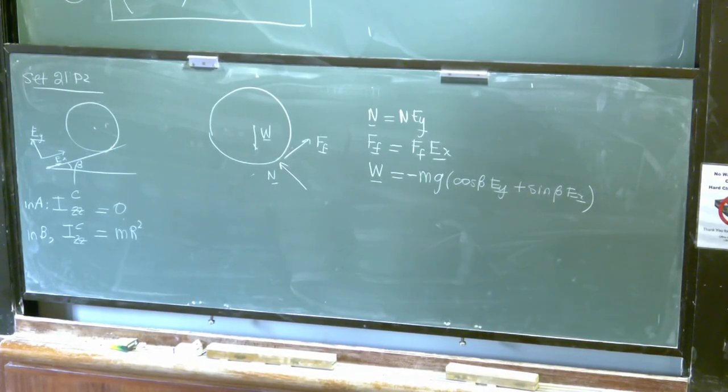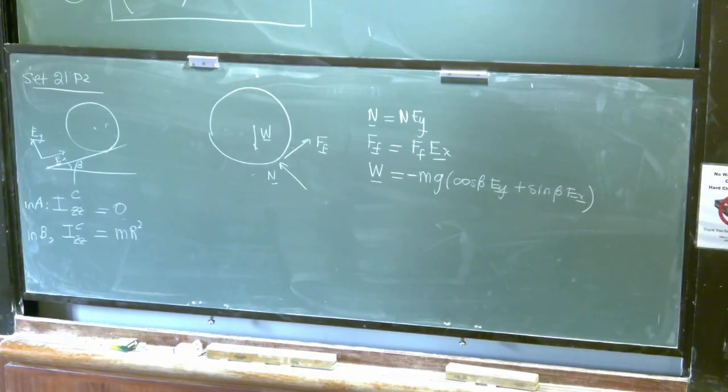What do I do next? What was our plan? What do we do? Help. Balance of linear momentum, that's going to be F equals m a_C.